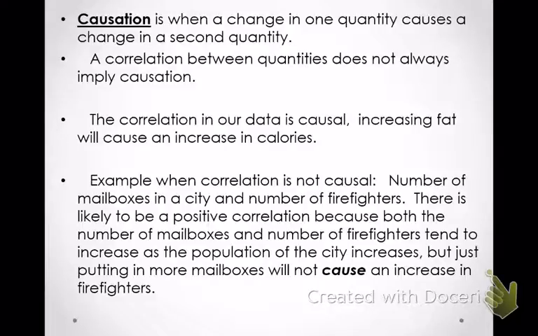As the number of mailboxes increases, the number of firefighters will probably increase also, because that means your population is larger and you're going to need more firefighters. But just because you add more mailboxes, it does not necessarily mean that you have to add firefighters. So there's not going to be a causation there. Okay? They just happen to be related.